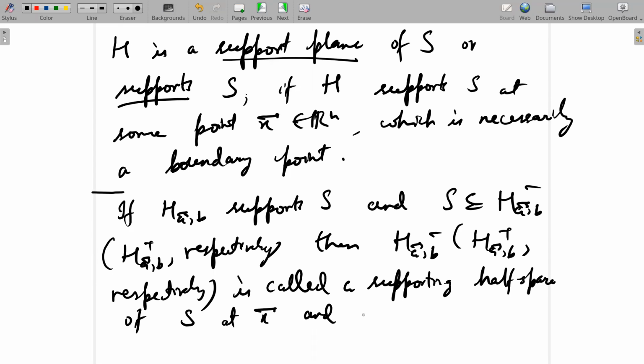By respectively, I mean you can just substitute H_{a,b}^- with H_{a,b}^+ and the statement will still hold true. And here I will not use the word respectively; I mean particularly the case of H_{a,b}^-. So a will be called an exterior or outer normal vector.